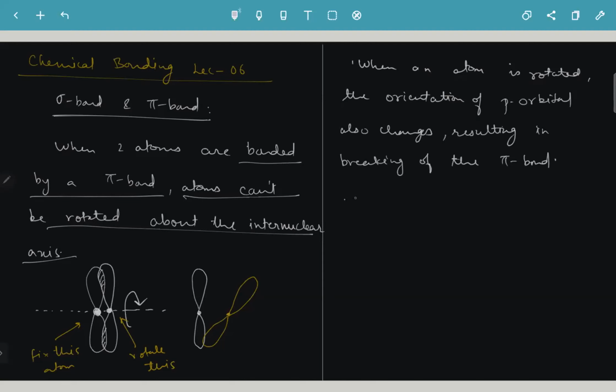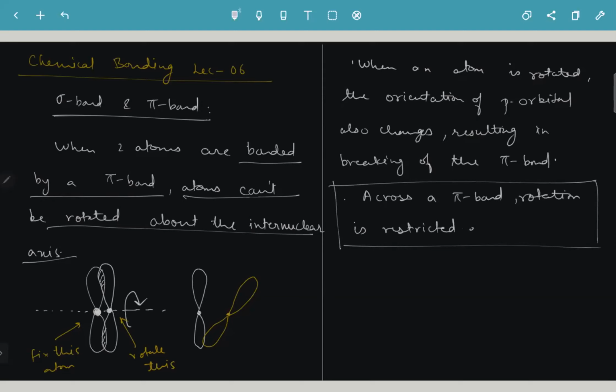Across a pi bond, rotation is restricted. It's an important point. We'll talk about application of this point in organic chemistry and isomerism.